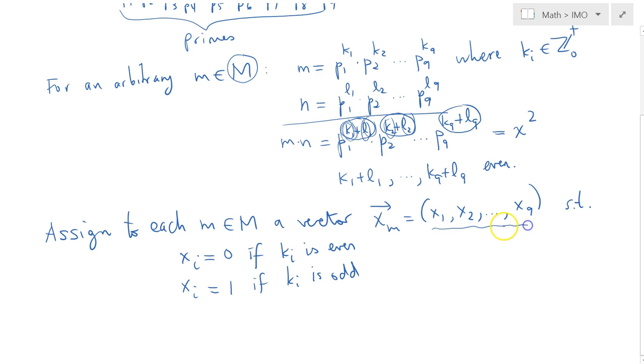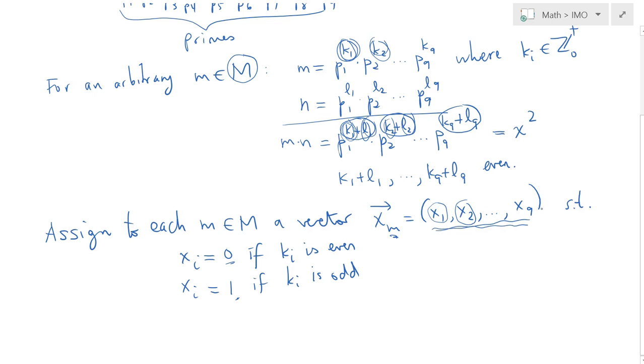So in this 9-tuple, each number is binary, zeros or ones, and each one depends on k1, k2, and so on. For instance, for the number m, if k1 is even, x1 is 0. If k1 is odd, x1 is 1, and so on. We check k2 depending on whether it is odd or even, and so we'll have our vector.